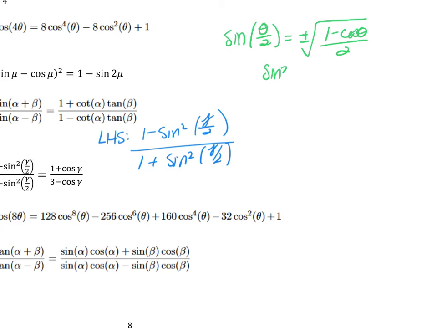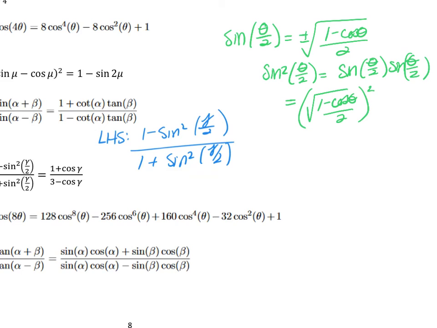So if I have sine squared of theta divided by 2, I must have 2 of these: the sine of theta divided by 2 multiplied by the sine of theta divided by 2, which is equal to the square root of 1 minus the cosine theta divided by 2, squared. We don't have to worry about the plus and minus because we are squaring it. So this will equal 1 minus the cosine of theta divided by 2. So I'm going to replace this here and here.